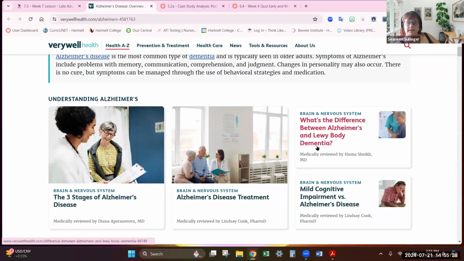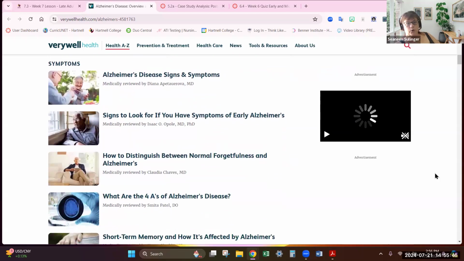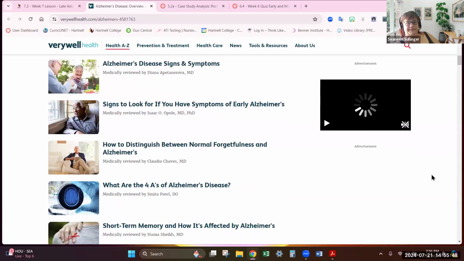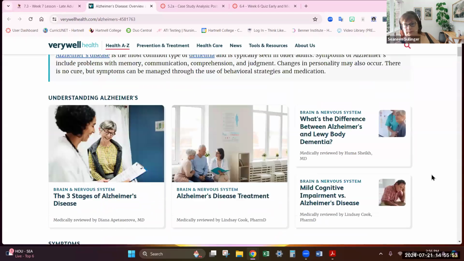Lewy body dementia is what Robin Williams suffered from. You could have mild cognitive impairment. So just to understand that there are different types of dementia requiring some of the same care and some different care. But you want to try and be able to reorient the person as much as you can to reality.